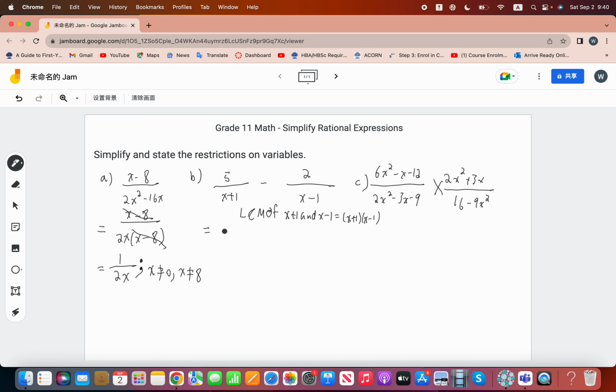So I multiply by x minus 1 on the top and the bottom in the first fraction, minus, and I'm going to multiply by x plus 1 on the top and the bottom in the second fraction.